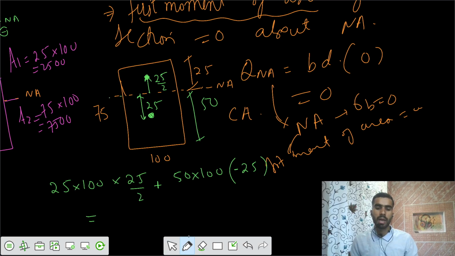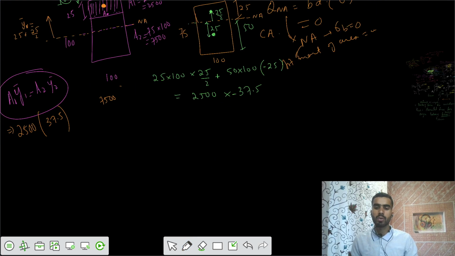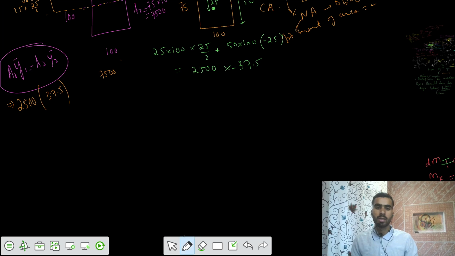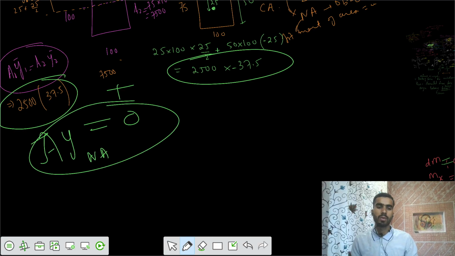So you also get this value of 2500 into 37.5, and this one is negative 37.5. Finally, if you add those two about the neutral axis, you get the first moment of area about the neutral axis equal to 0.